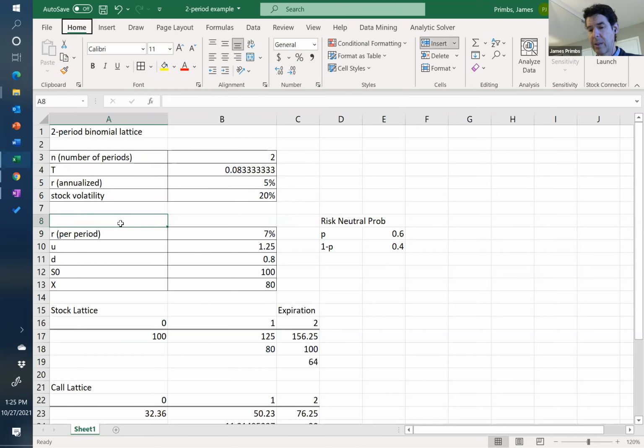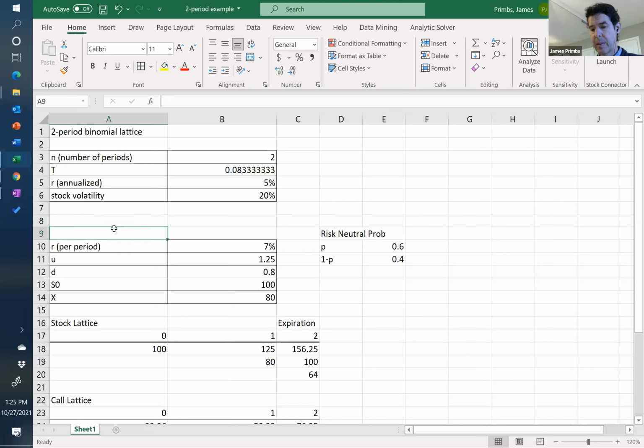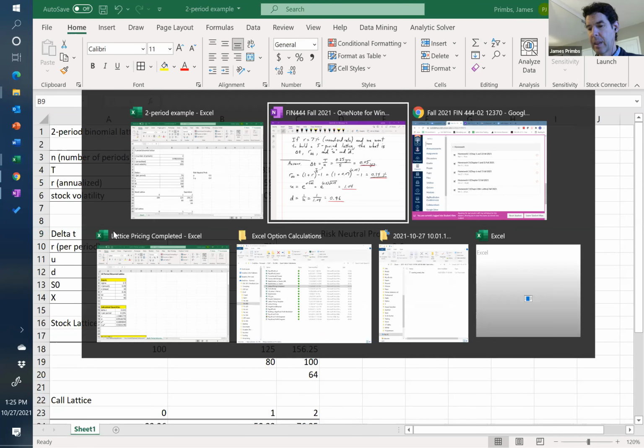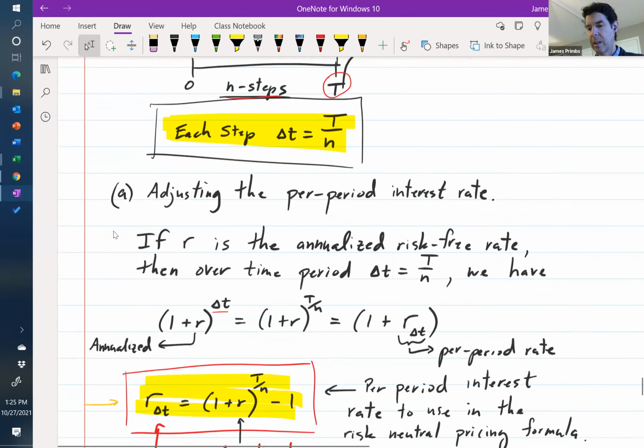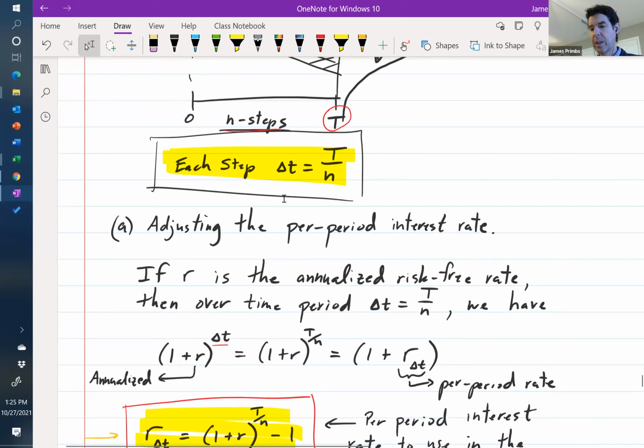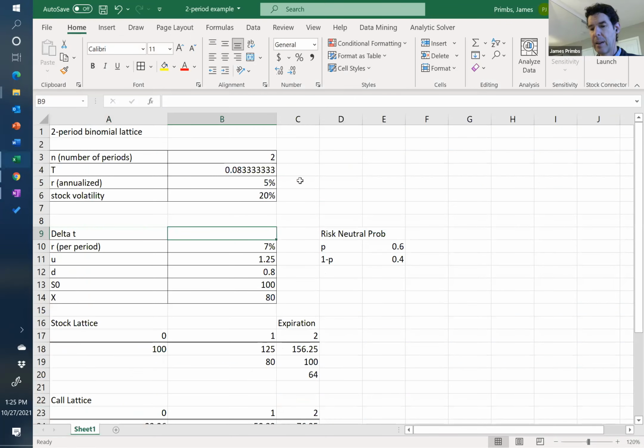Let's do that. What am I going to need to calculate? I'm going to need a delta T. Let me jump back and show you the 3 formulas that we had. The first one is each step size is delta t, and that's T divided by N. T is time to expiration, here just a month, always measured in years.